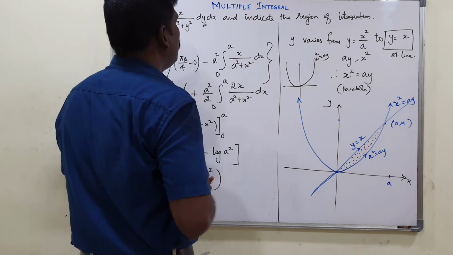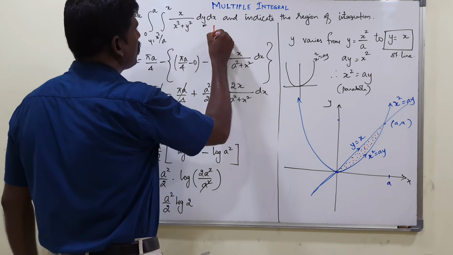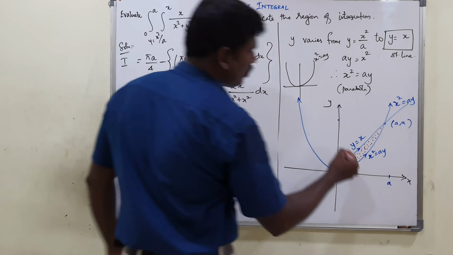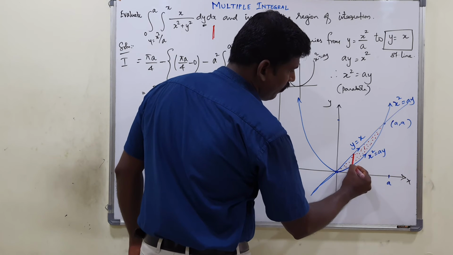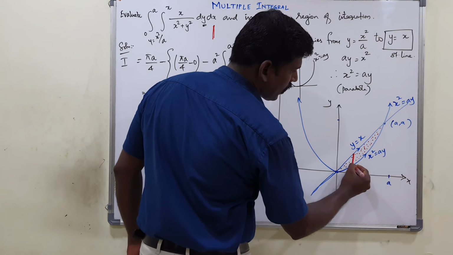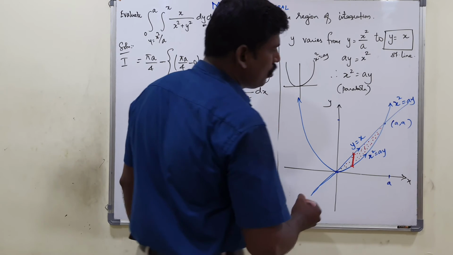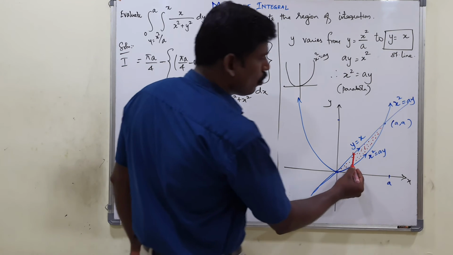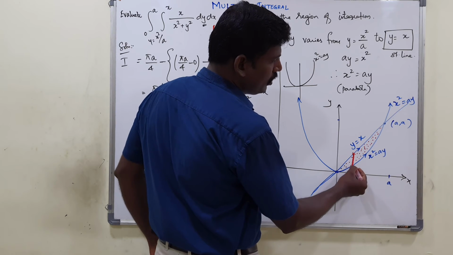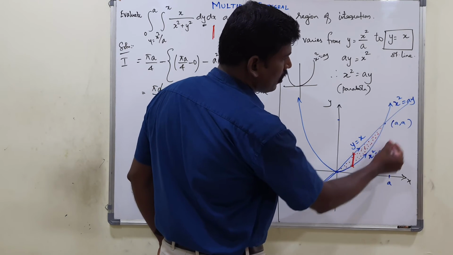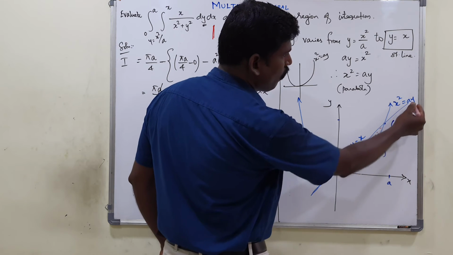So we have to treat it as a vertical strip. Okay. So take a vertical strip inside the region. In a vertical strip, usually we are calculating the value of y on both the ends of the strip. So what is the value of y at this end point of this strip? This point always lies on this parabola.